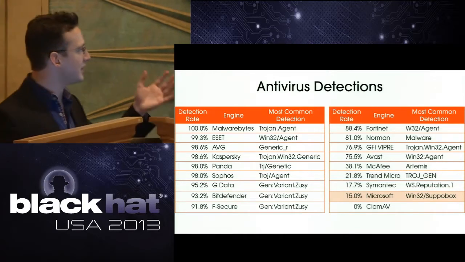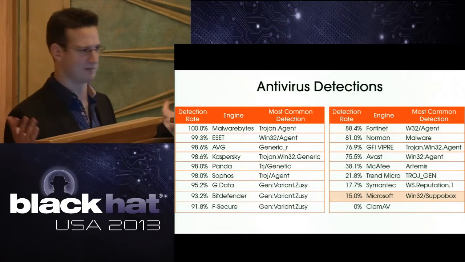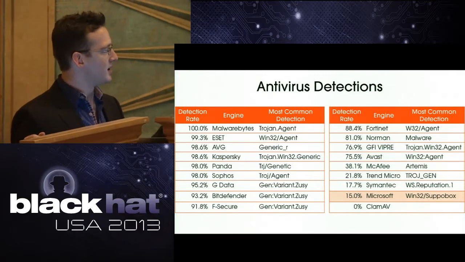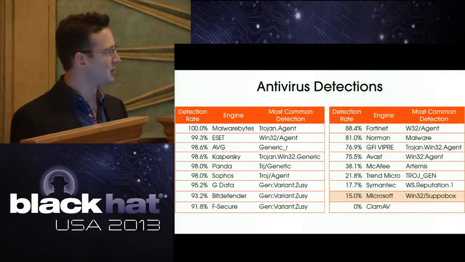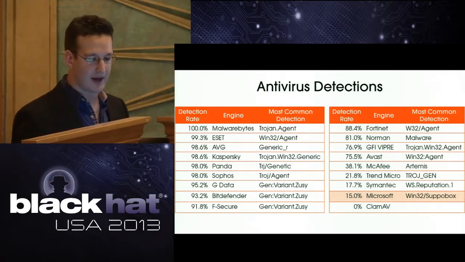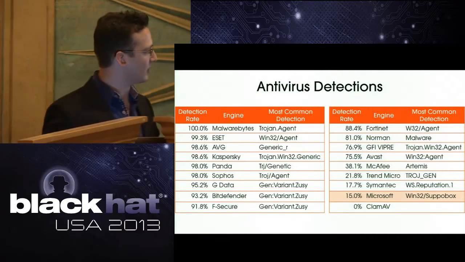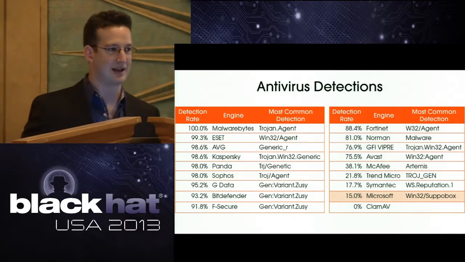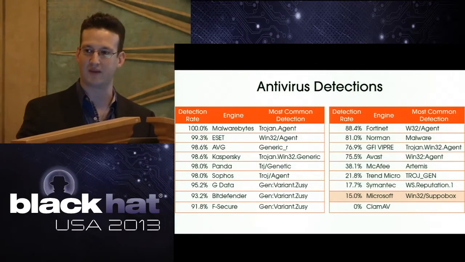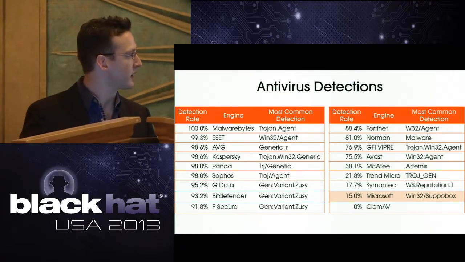We see agent, we see generic, we see genetic from Panda. It's an interesting name. I tried to find information on Zusi, but I couldn't find information on it on GData, Bitdefender, or F-Secure's website. So I'm going to guess that it's generic, or at least not important enough for them to write up anything about it.